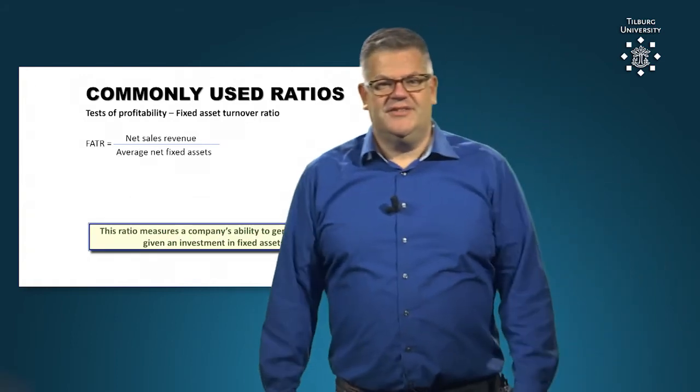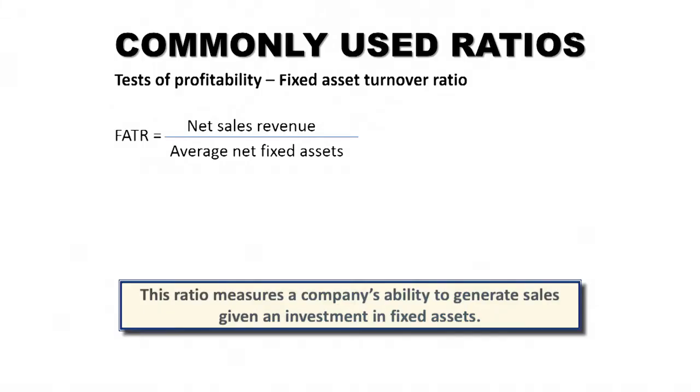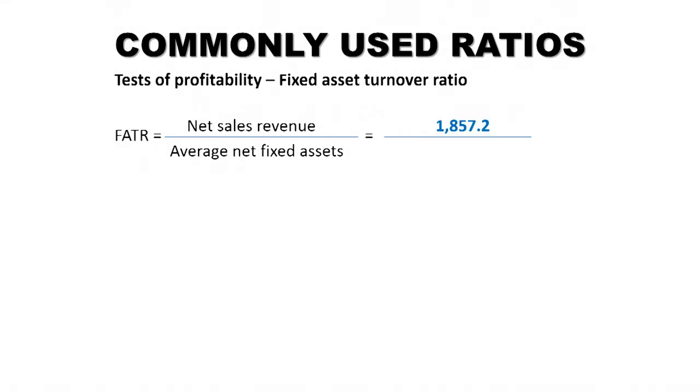Another thing are the tests of profitability, like the fixed asset turnover ratio. We're here in clothing and in exclusive clothing, and in accessories. So we take the net sales revenue divided by the average net fixed assets. What is net sales?